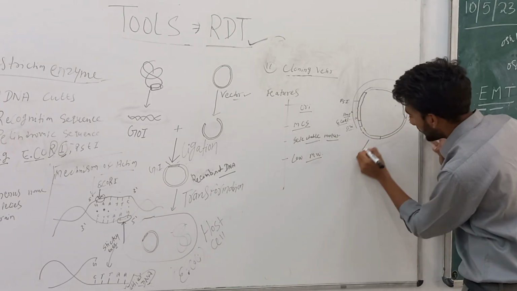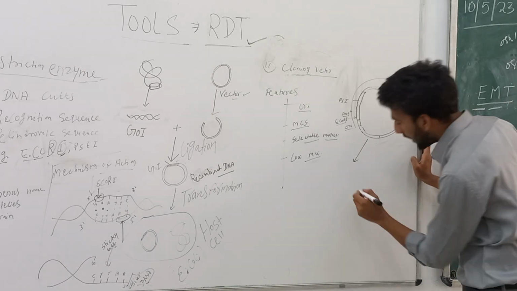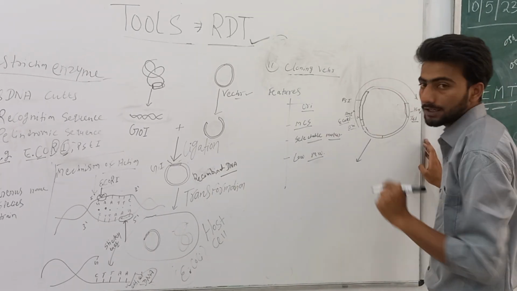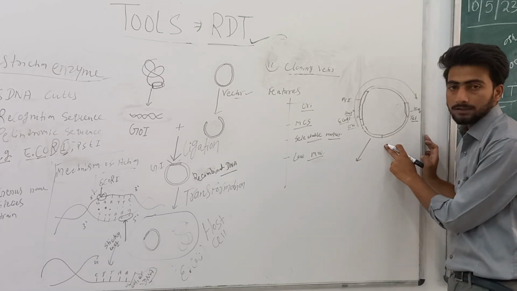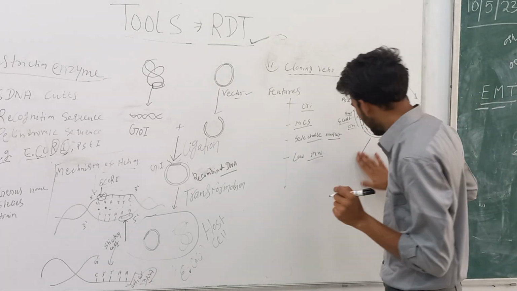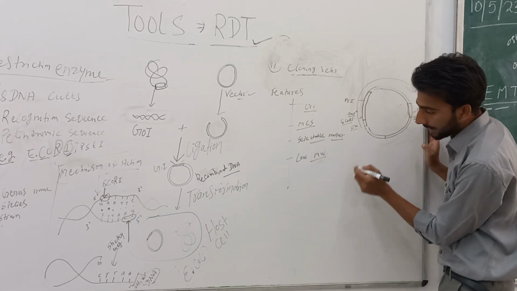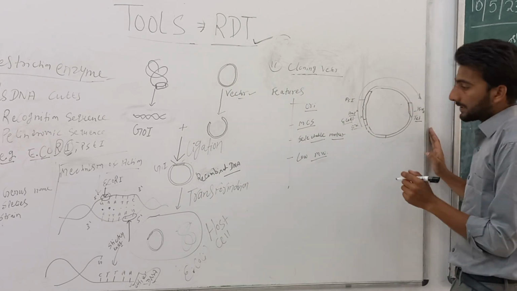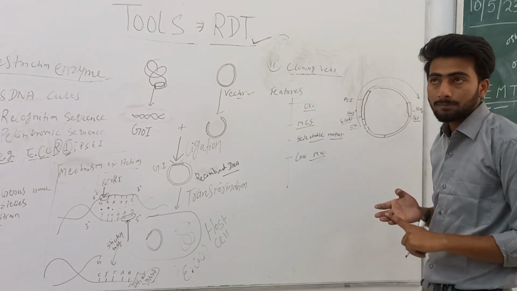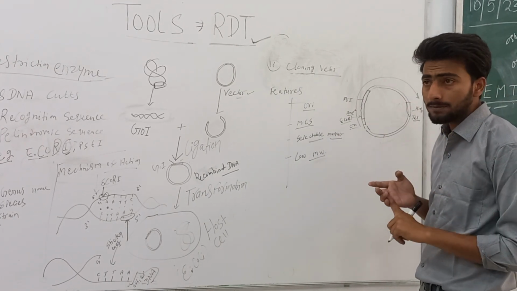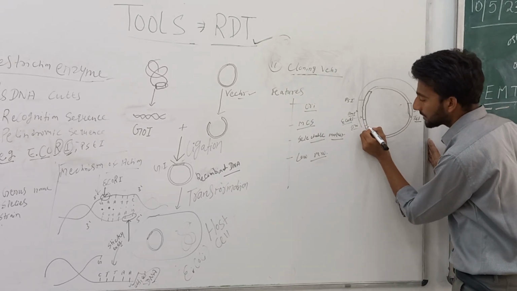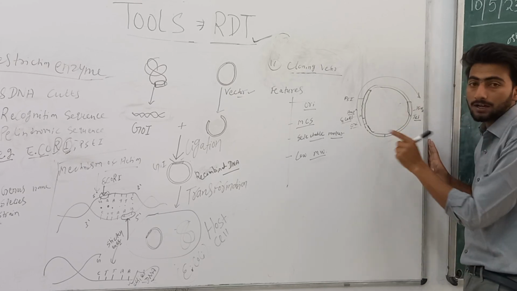So, let's discuss how we will make a recombinant DNA by using our desired DNA fragment and this cloning vector. Suppose we cut our desired DNA with EcoRI. If we cut our desired DNA with a restriction enzyme, the same restriction enzyme will be used to cut the restriction enzyme site of the cloning vector. Remember.